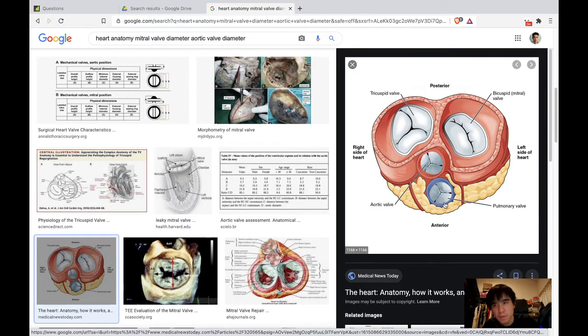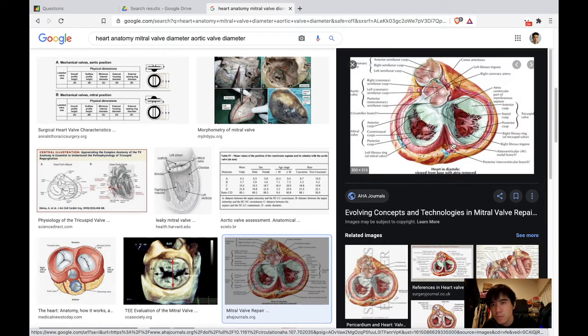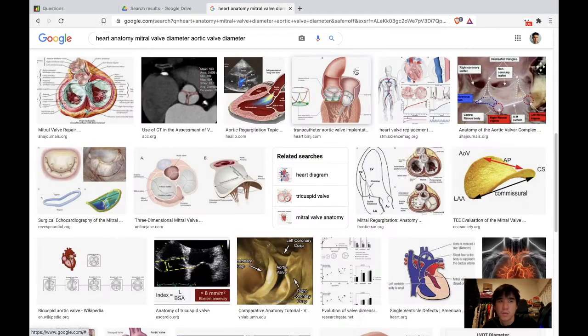Mitral valve looks bigger. Should be stasis rather than turbulence that causes more embolism due to the mitral valve.